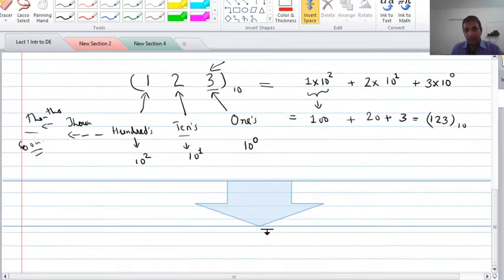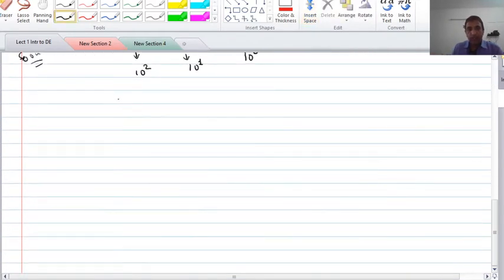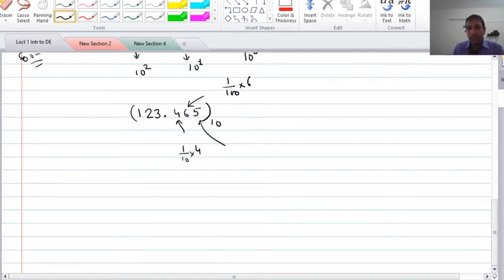Now similarly, if the decimal number system is used with a fraction point, like 123.465 in base 10, this digit is 1 by 10 times 4, this digit is 1 by 100 times 6, and this digit is 1 by 1000 times 5.